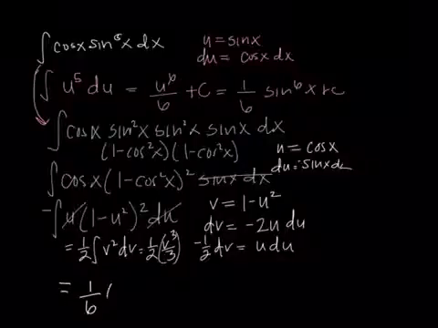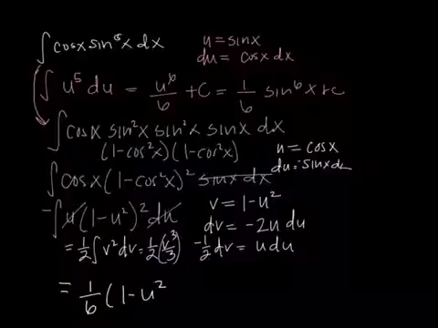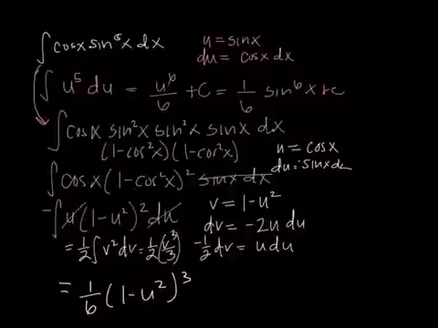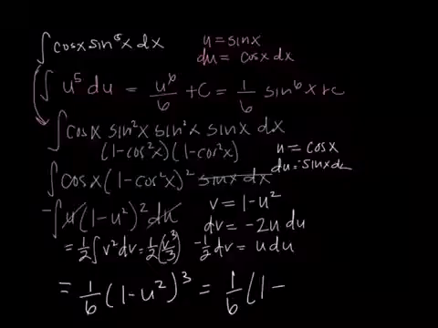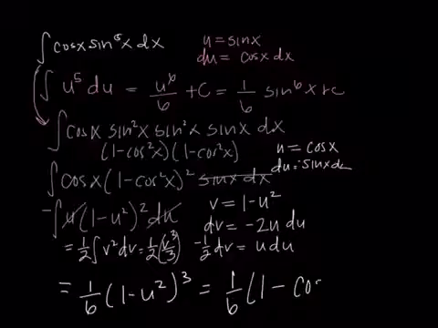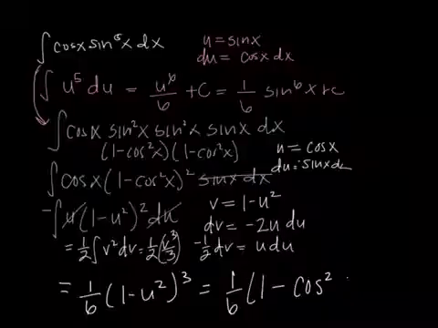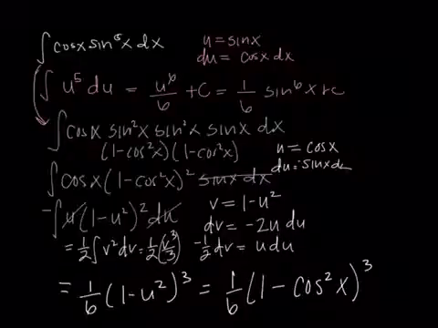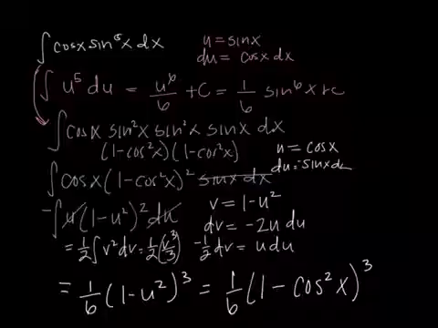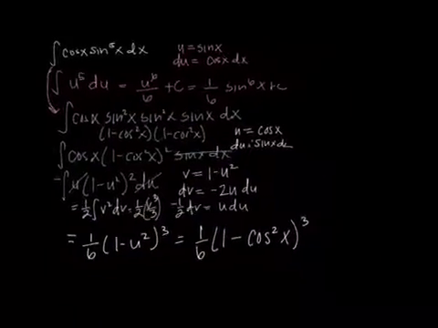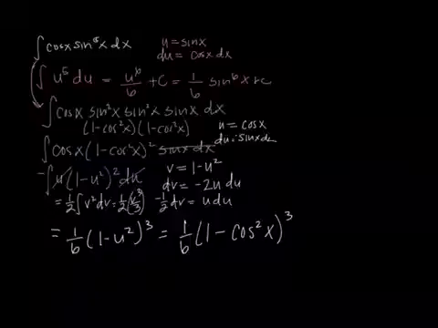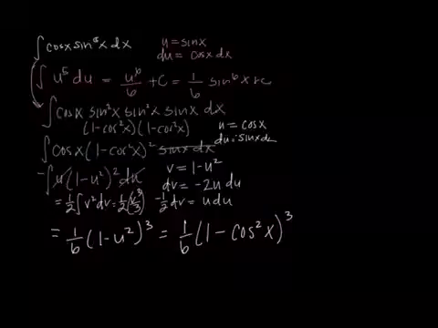We know v is 1 minus u squared, to the third. And we know u is cosine of x. That's my answer in terms of cosine, which was the original goal.